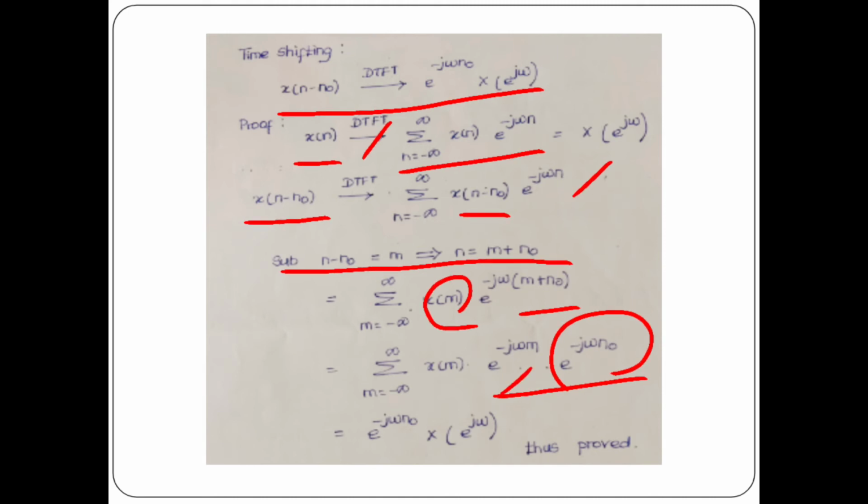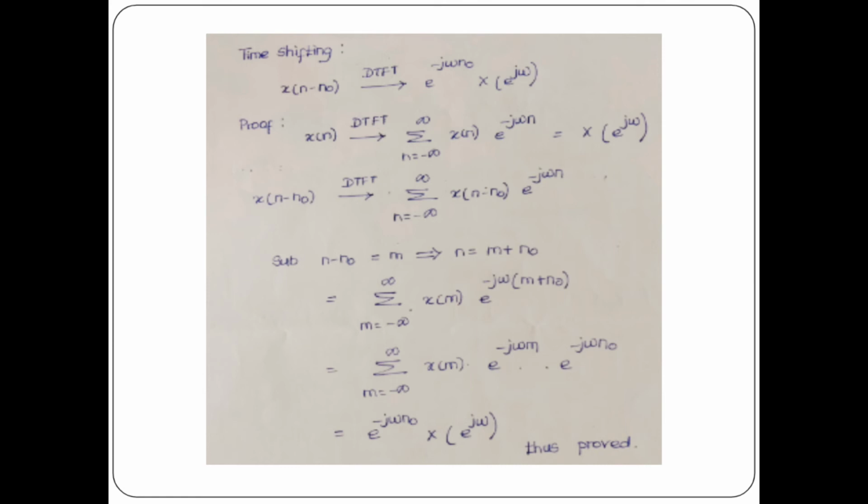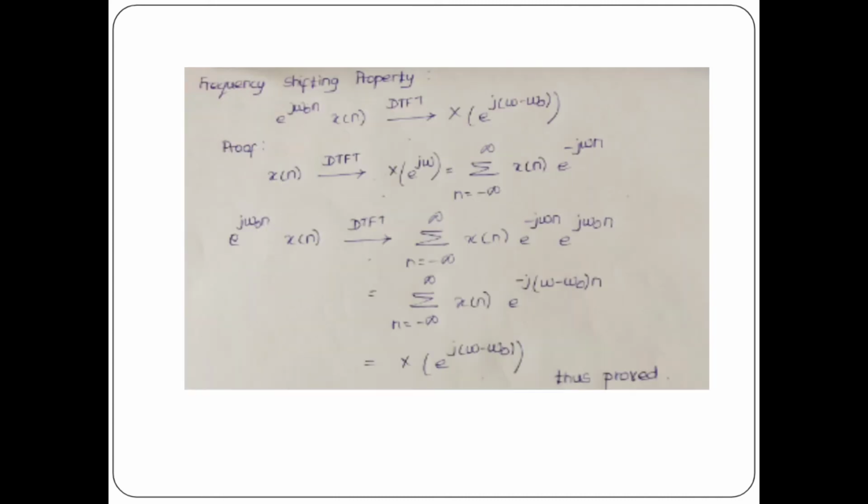The summation depends upon m. So take e power minus j omega n naught outside. The remaining term is nothing but capital X of e power j omega. So we have proved the time shifting property, that is x of n minus n naught on taking DTFT will give you e power minus j omega n naught into X of e power j omega.